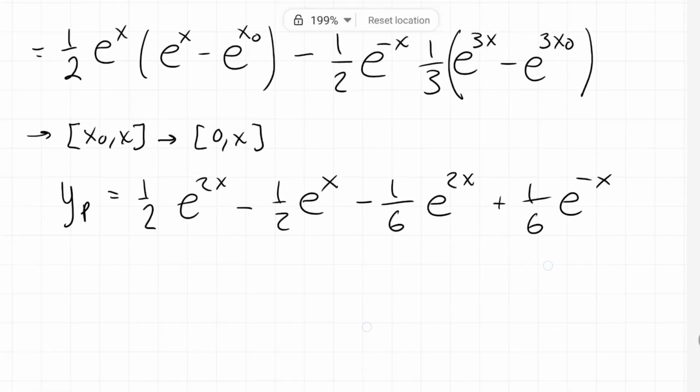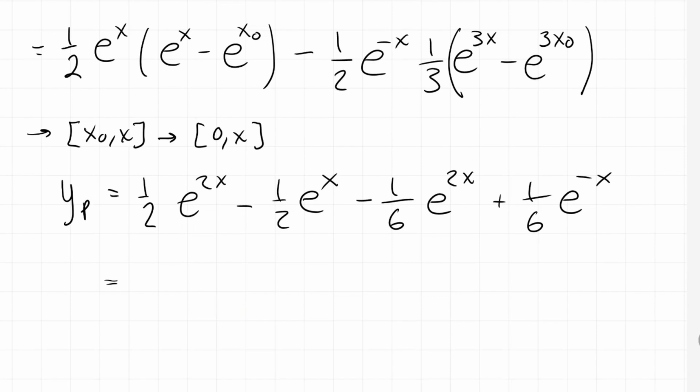Okay, and if we simplify, we are going to get that this is 1/3 e to the 2x minus 1/2 e to the x plus 1/6 e to the negative x.